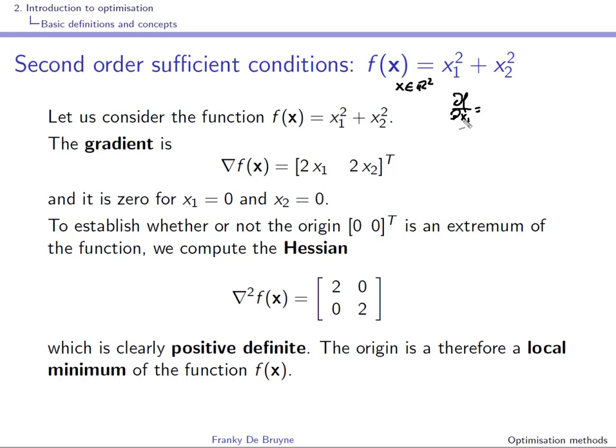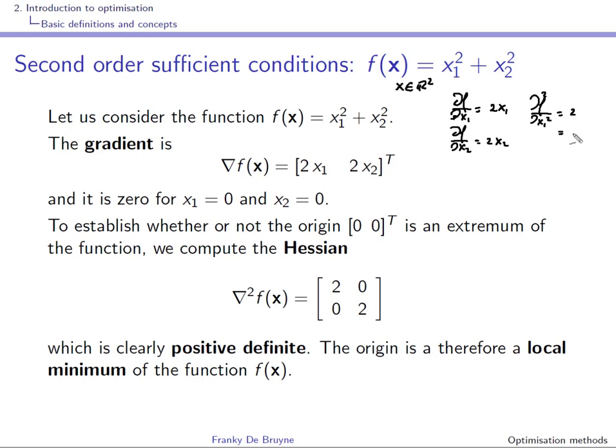First, partial derivative with respect to x1, so that's 2x1. The partial derivative of f with respect to x2, that's 2x2. And then we can take second order partial derivative, so with respect to x1, so that yields a 2.